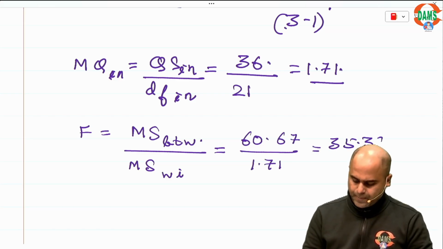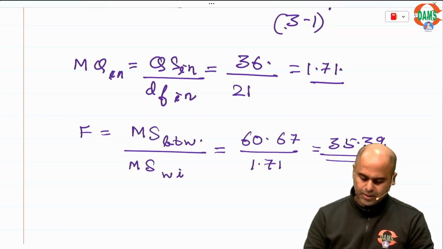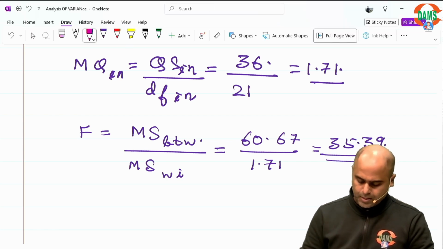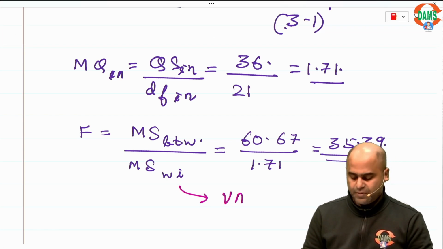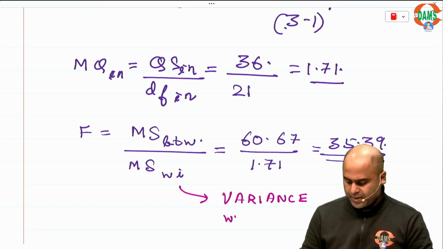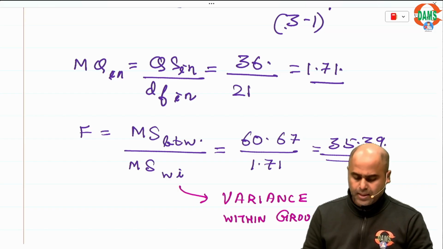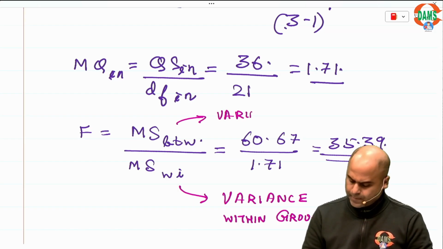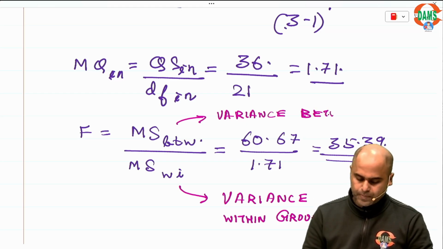This gives me 35.39. This is the variance within groups, and this is the variance between groups.